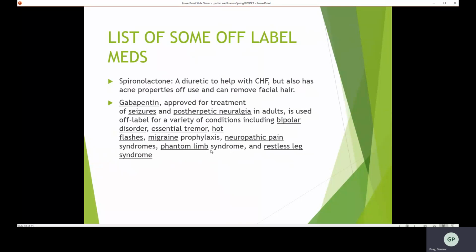Phantom limb syndrome is when one part of your leg or arm is numb all the time. Same thing with restless leg syndrome, another disorder that usually happens at bedtime, where your leg shakes and there's a lot of pain in your legs, lower extremities, toes and feet.